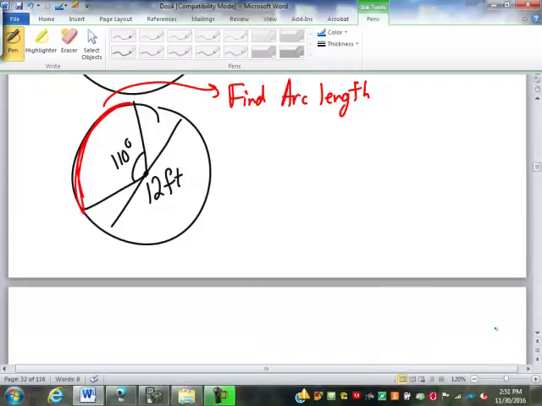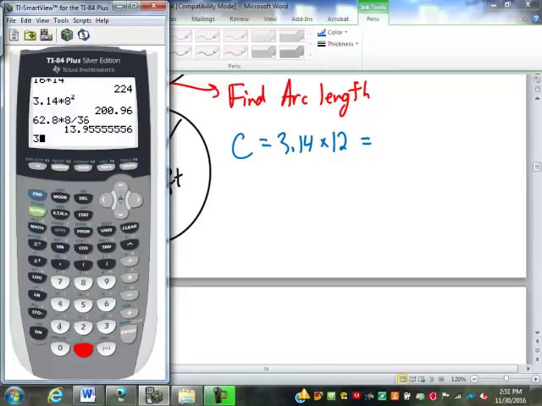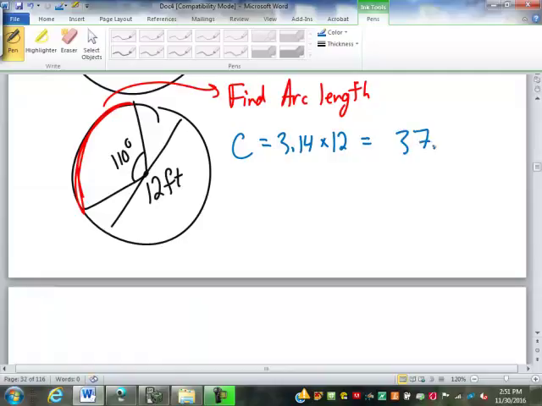So the first step is to find the circumference of the whole circle, which is going to be pi, or 3.14 times 12. Which gives us 37.68, and that is in feet.